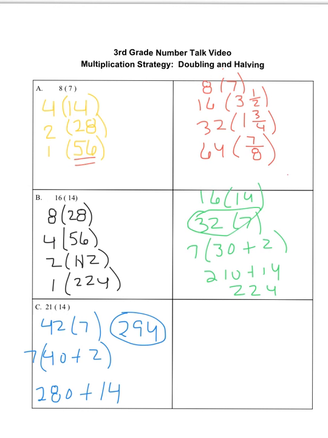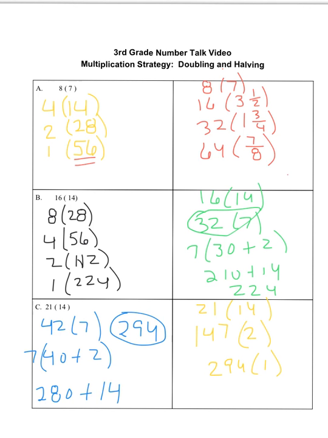I'm going to take my 21 and my 14, divide 14 by 7, so that's going to give me 2. But I'm going to multiply 21 by 7. That's going to give me 147. So 147 doubled would be 294 times 1. That's just another way to do it.